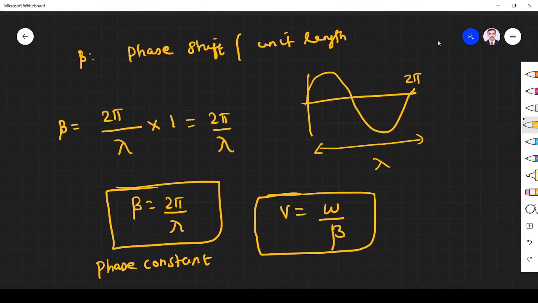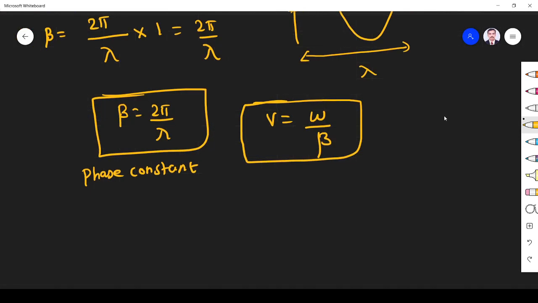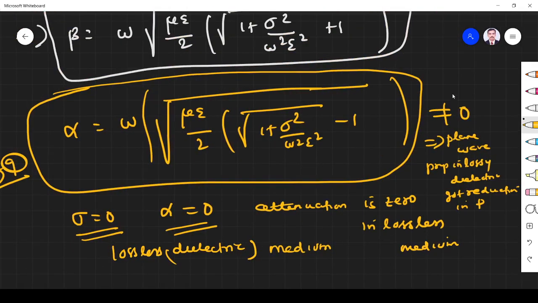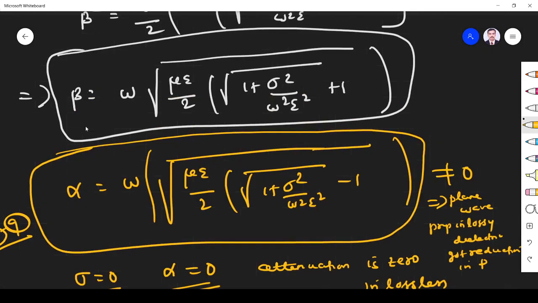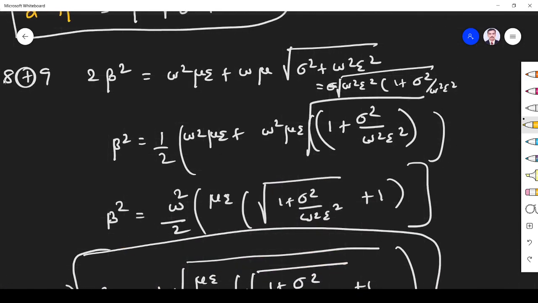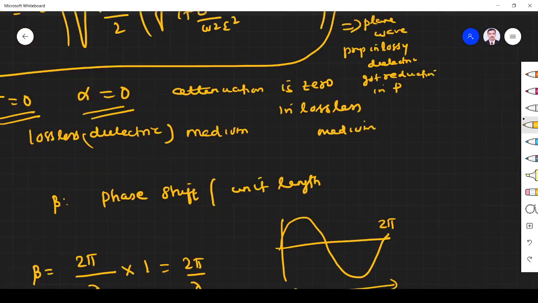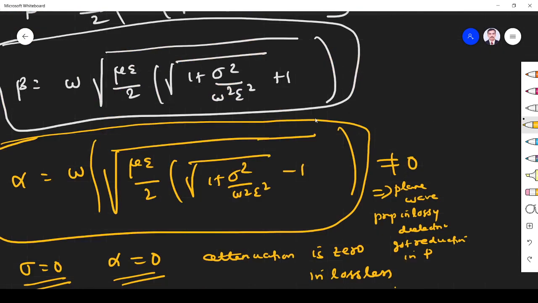Gamma is the propagation constant, right? So we found alpha plus j beta is equal to gamma. This is the alpha value in lossy dielectric, and this is the beta value. These two equations are very important. We have to use them in problems. I call this equation 10 and this equation 11. Fine.